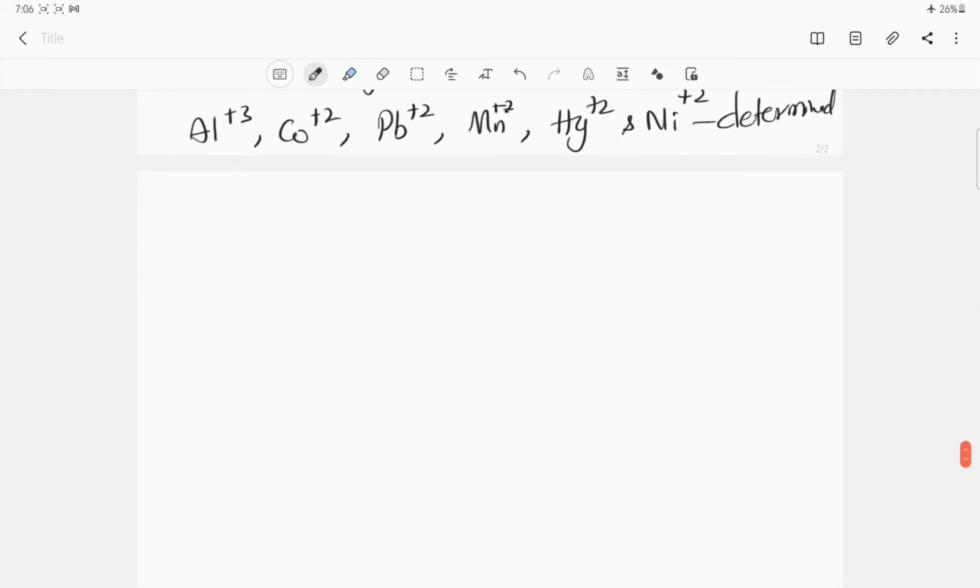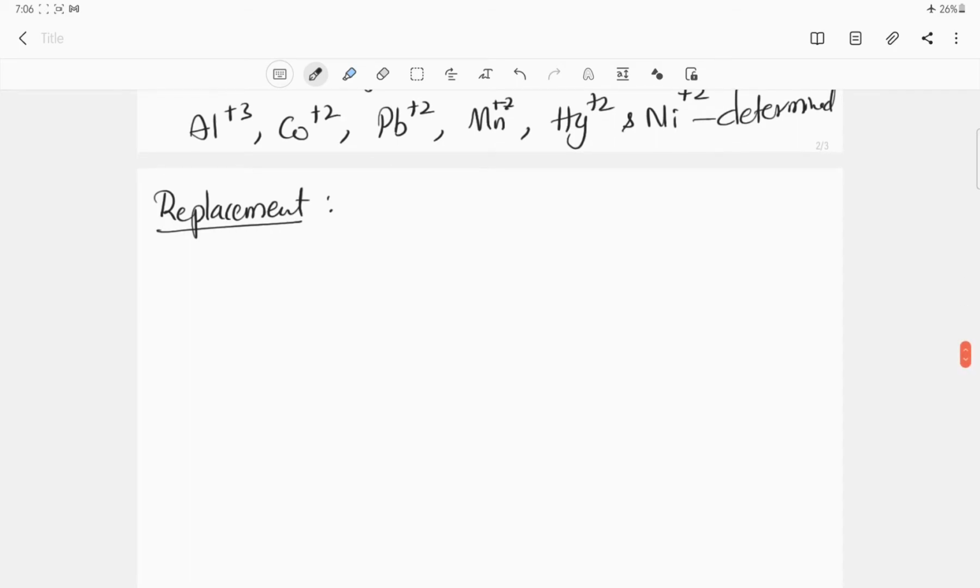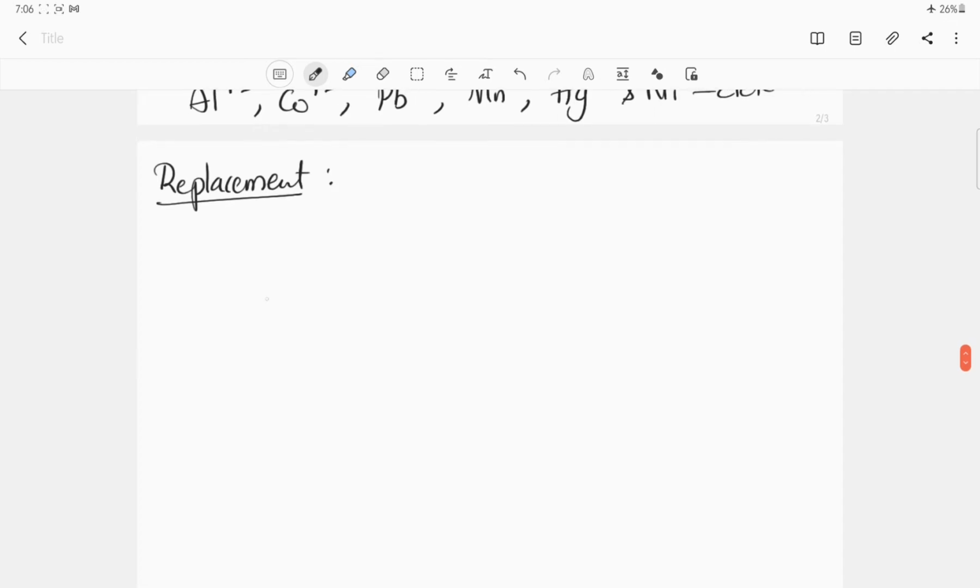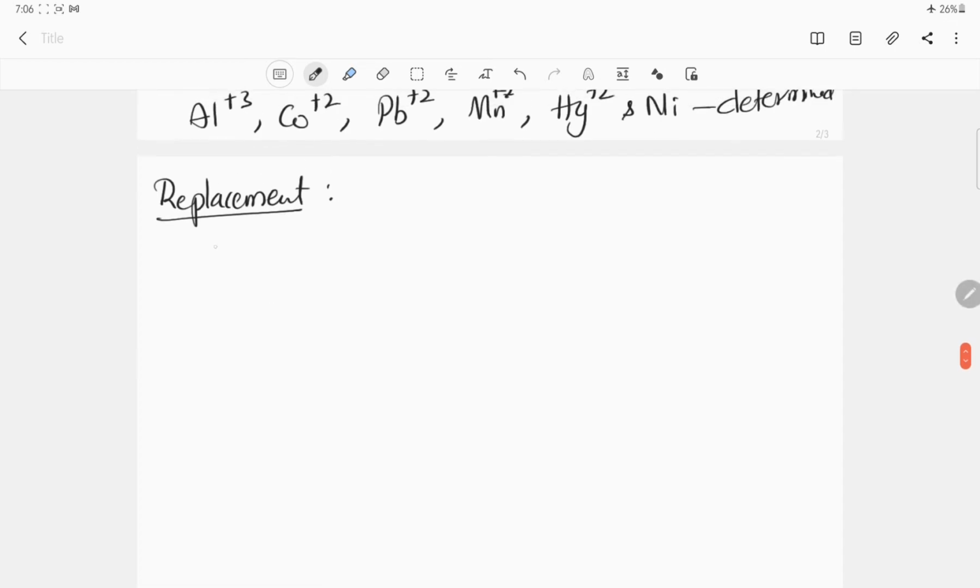Next we'll see the replacement or displacement titration. In this, a weak EDTA complex of another metal, let the metal be M2, M2 EDTA.